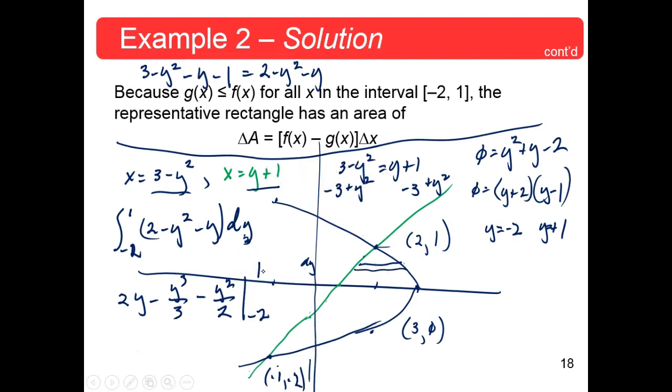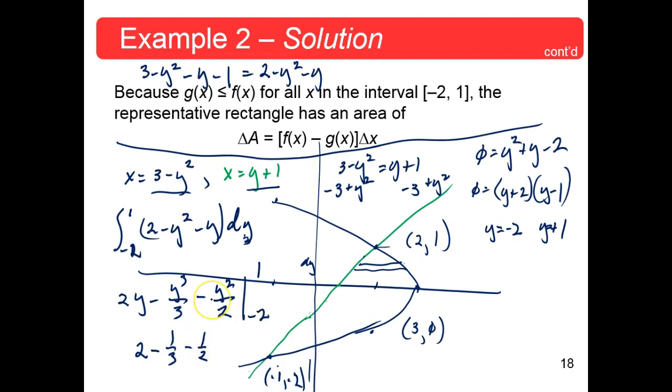So let's do the 1 first. What does that give you? Plug y equal 1. 2 minus 1/3 minus 1/2.